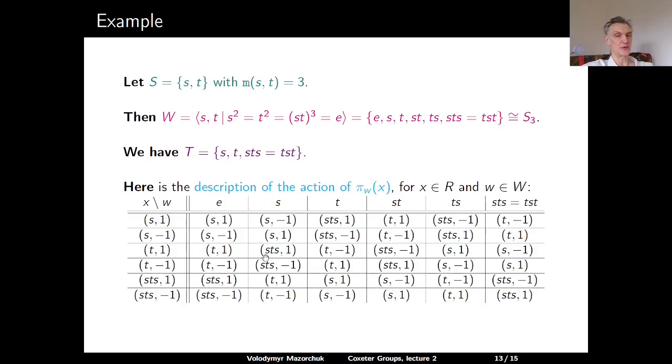Applied to (t,1) we get (sts,1), and applied to (t,-1) we get (sts,-1). Applied to (sts,1) we get (t,1) back, applied to (sts,-1) we get (t,-1) back. And similarly one can compute the action of all other elements of W in this permutation representation. They are explicitly given in this table.